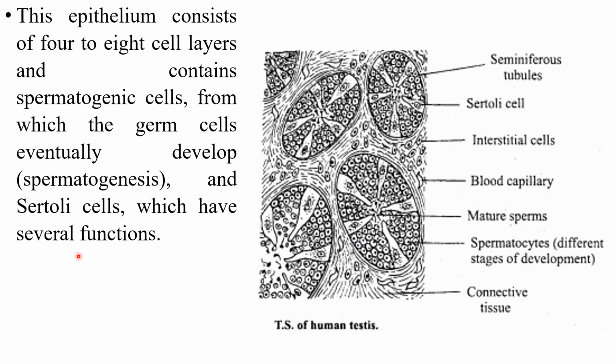This epithelium consists of 4 to 8 cell layers and contains spermatogenic cells from which the germ cells eventually develop through a process called spermatogenesis, and the Sertoli cells, which have several other functions. See here, you can observe the presence of many layers of the germinal epithelium, and in between you can see long columnar cells, and these cells are called Sertoli cells.